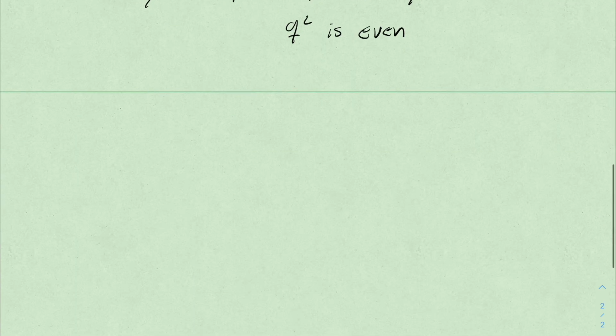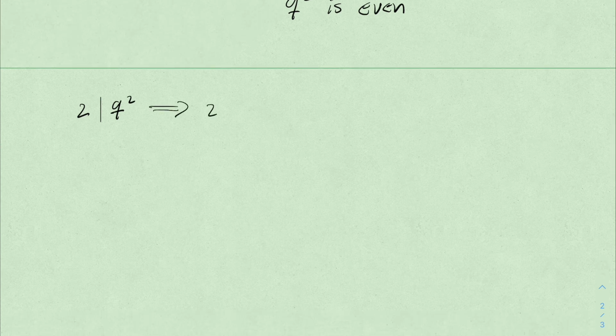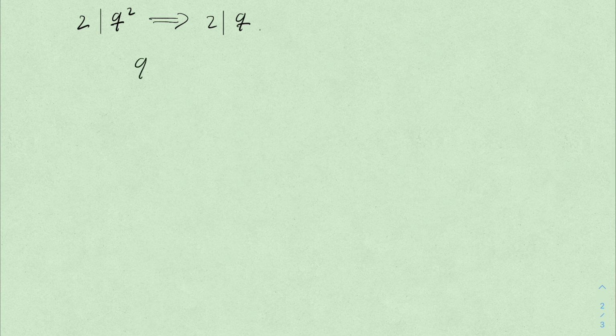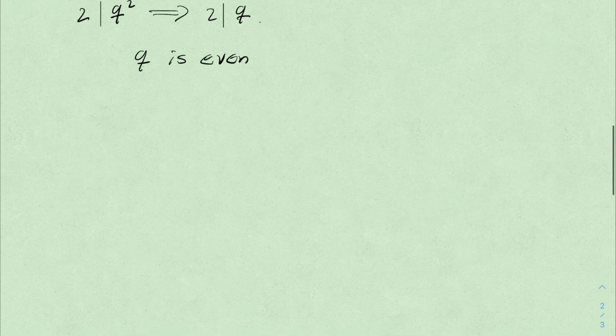And this means that 2 divides q squared. But this also implies that 2 divides q. Okay, so this means that q is even. So we have p and q are both even, and this means that 2 divides p and 2 divides q.